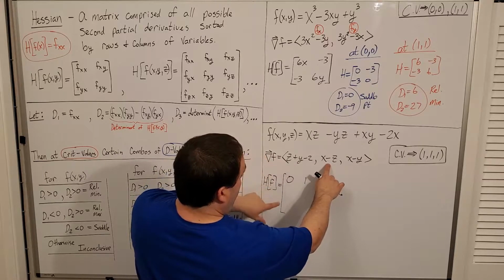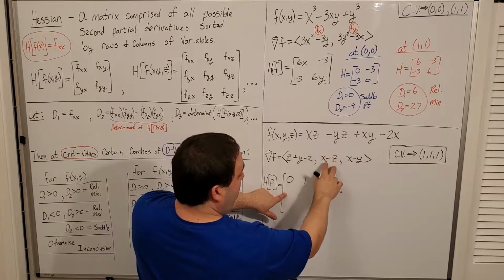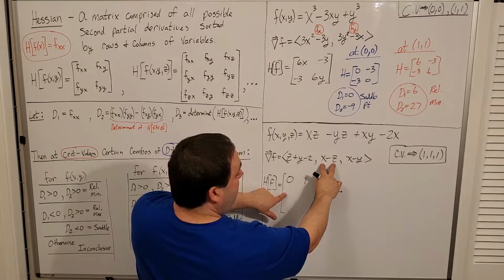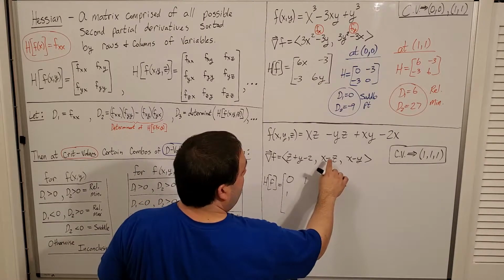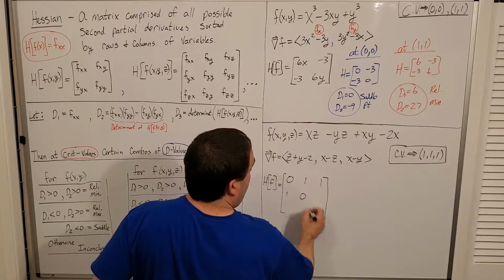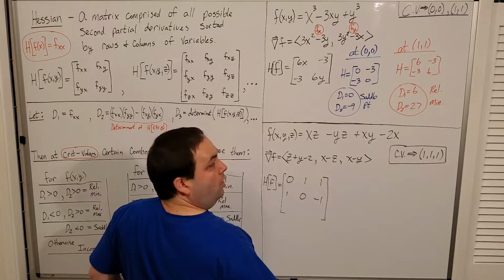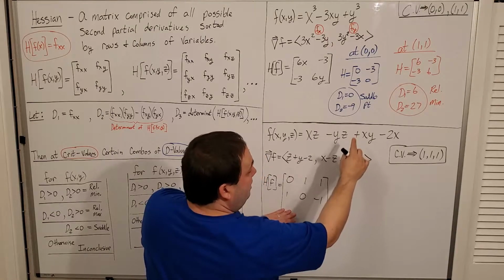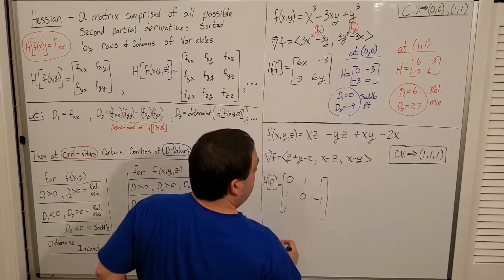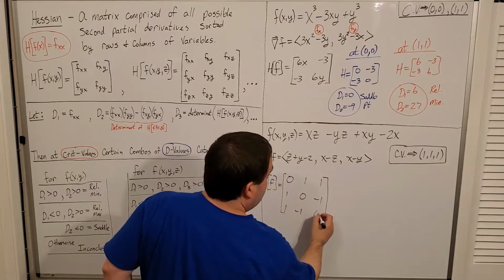Okay, next row. The y x derivative. So here's the y component, right? Do the x derivative. That's going to be 1. Then do the y derivative. That's 0. Then do the z derivative. That's negative 1. Next row, z component, x derivative is 1, y derivative is negative 1, z derivative is 0.